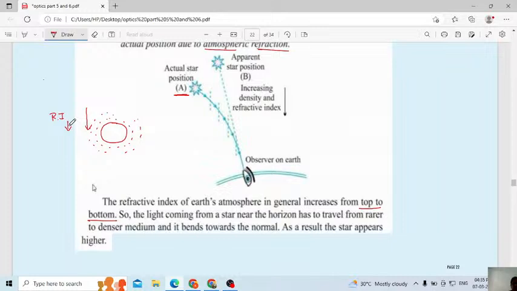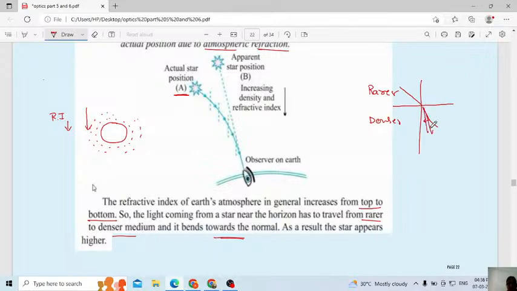It bends towards the normal. Already you know, when a light ray travels from rarer to denser medium, it will bend towards the normal. Consider this is the refracting surface, this is the normal. If this is the incident light moving from rarer to denser, then this ray will bend towards the normal, like this.